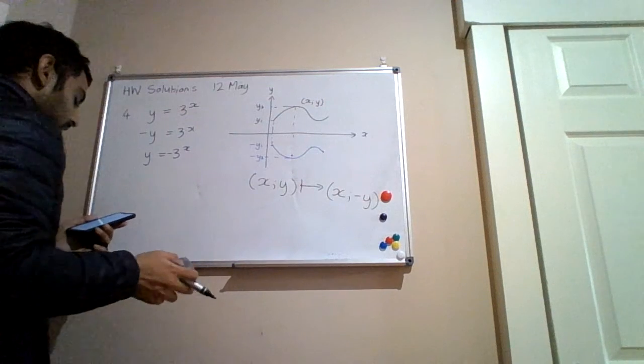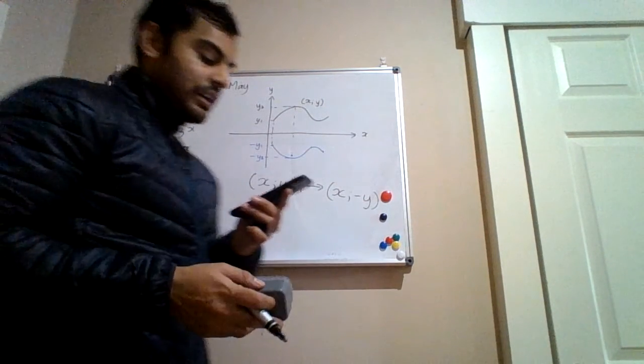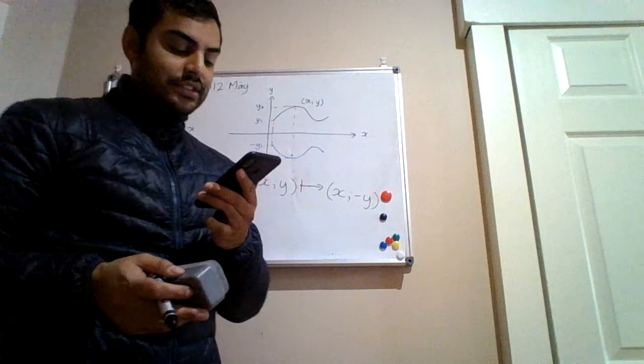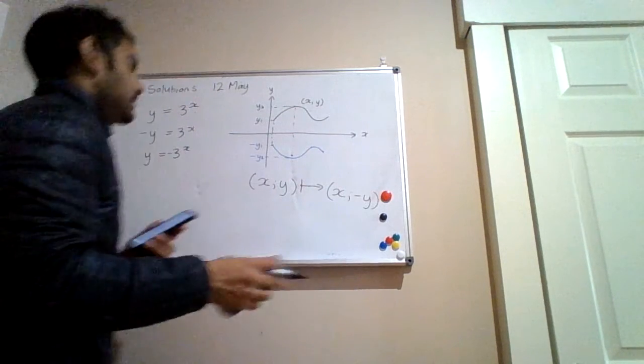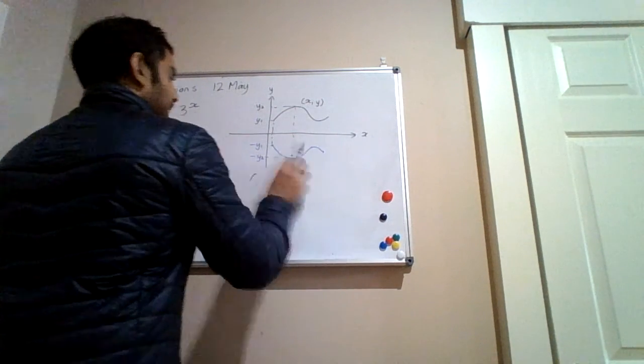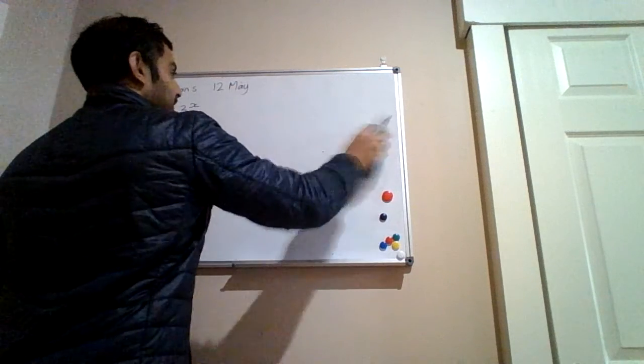Next question. What is the reflection of the graph 3 to the minus x about the y-axis? So let's just talk about y-axis shifts again.